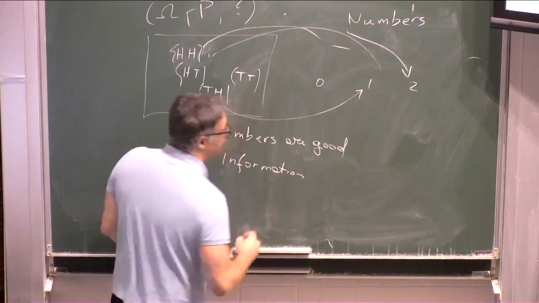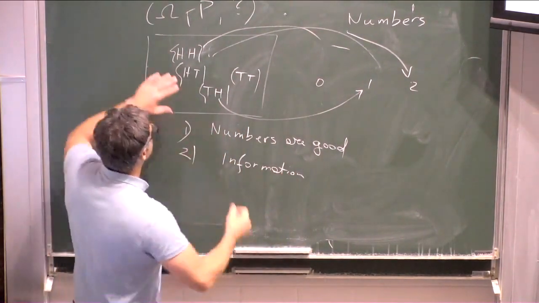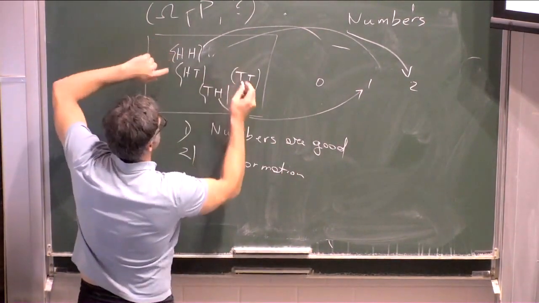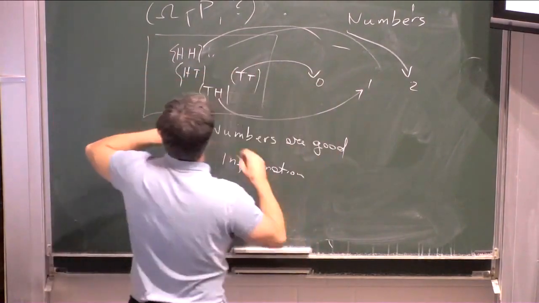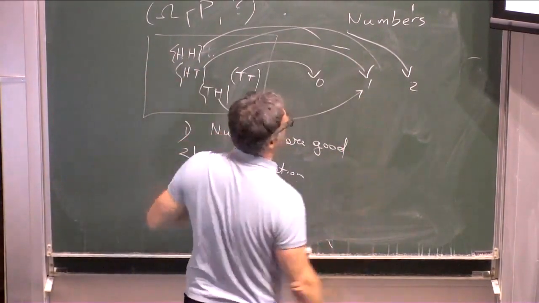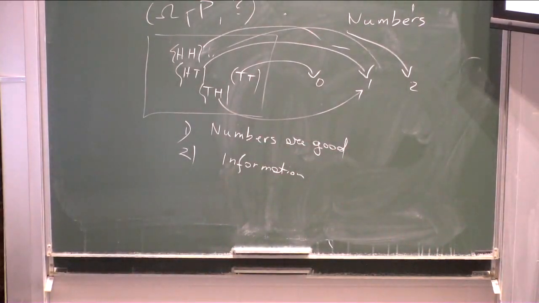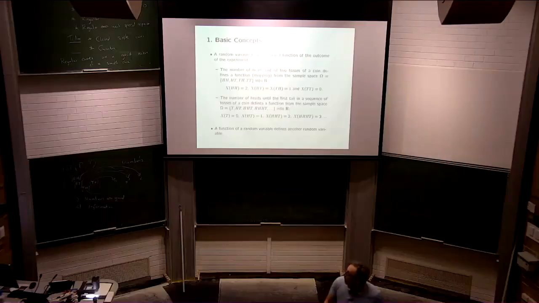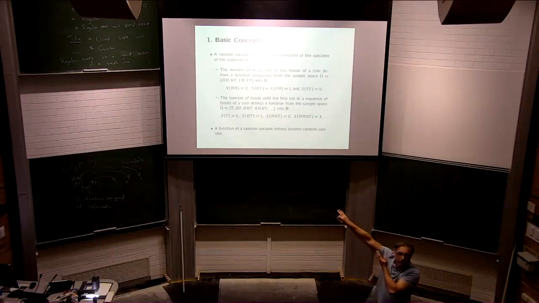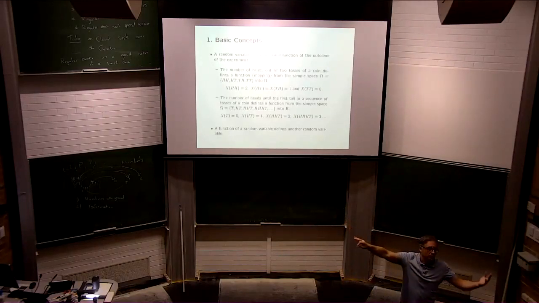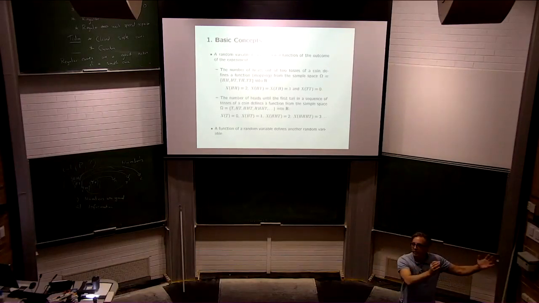I deal with the information in an efficient way. So I just look at what I'm interested in. This is 0. I count the number of heads. Okay? This is an example. So what you have to bear in mind is that a random variable is simply a function. For some reason, I don't want to work with omega itself.